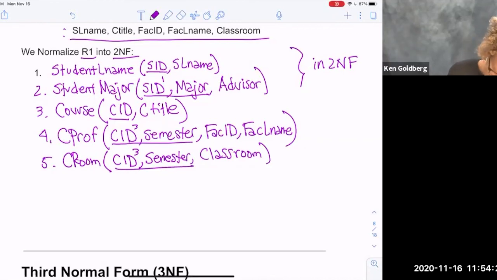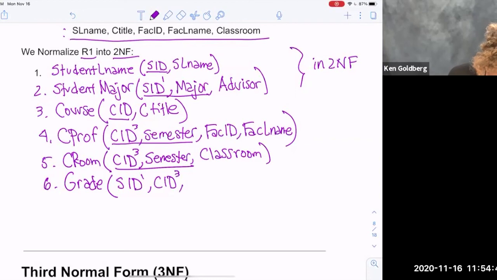Okay, that's going to tell me what classroom it's in. And then six, we have to pick up the rest of the elements. I have the grade. And that's going to take the student ID from one, the course ID from three, the semester, and the grade.